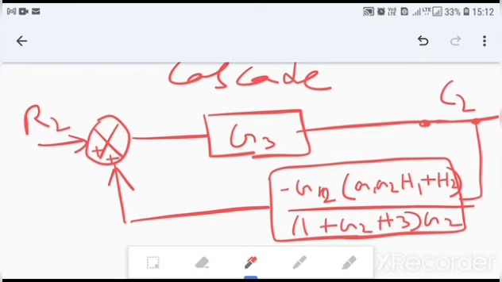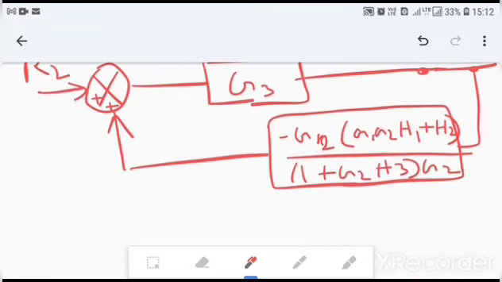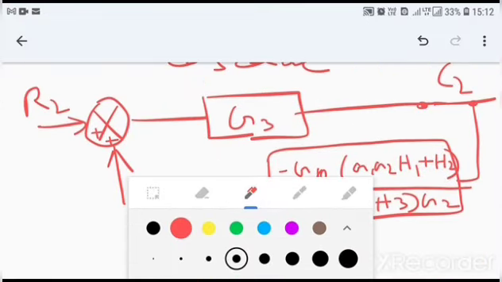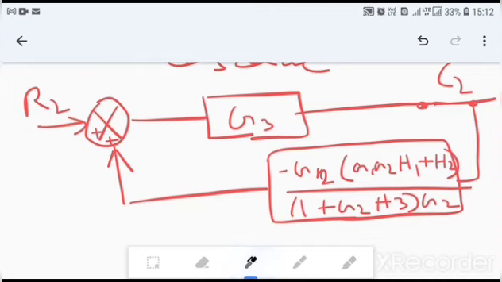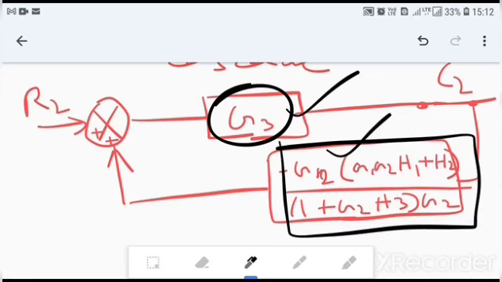This is what we get after multiplying these two blocks. Right. Now with G3, this block is in positive feedback. With G3, this block which I made with black color square is in positive feedback.